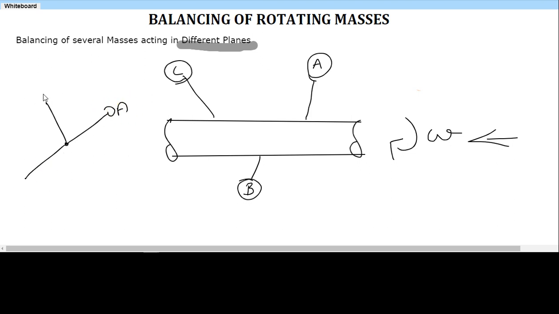A, C, and B. This will have some theta value between them, or alpha, some angular position between them. But in addition to this, there will be a distance between each of the planes acting.